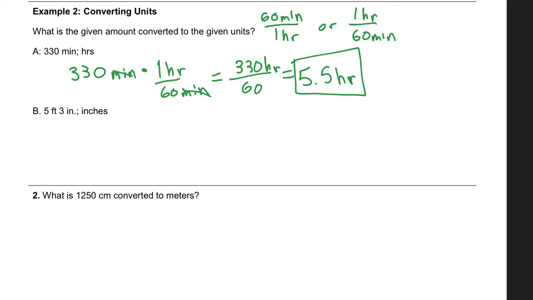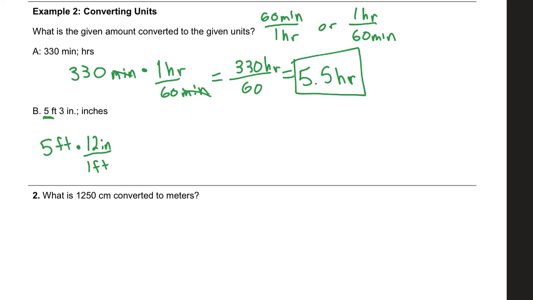For part B, converting 5 feet 3 inches to inches, the thing I want to do here is I want to convert feet to inches. Okay? So that's me knowing I have 5 feet. I'll worry about that extra 3 inches in a minute. But converting feet to inches, that means I'm going to have more inches in my answer than 5 feet, because there's 12 inches in a foot. So my conversion factor here, I want to multiply by 12 inches over every 1 foot.